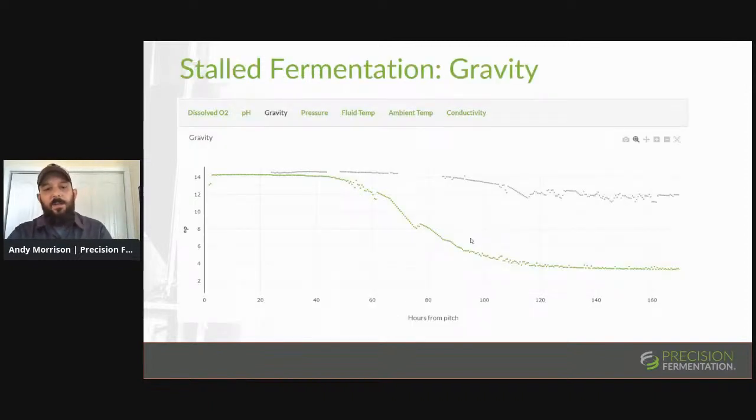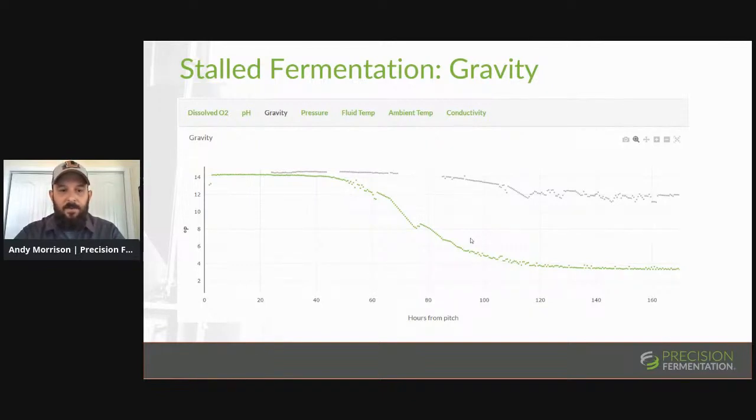So here's a simple case example that I'll show just to start things off, right? This is a real reckoning of two beers that I've anonymized out of the system. This is a brewery that brews a flagship pale ale. You can see it starting there at 14 degrees Plato in the green graph, which is a healthy fermentation for these guys.